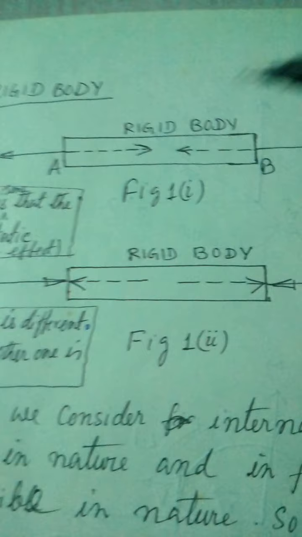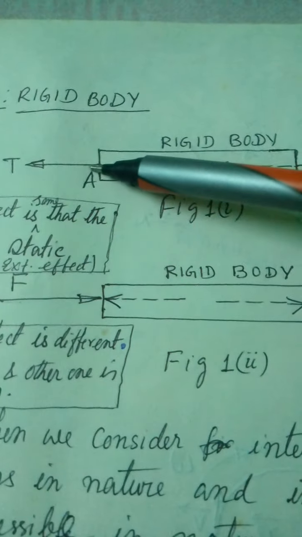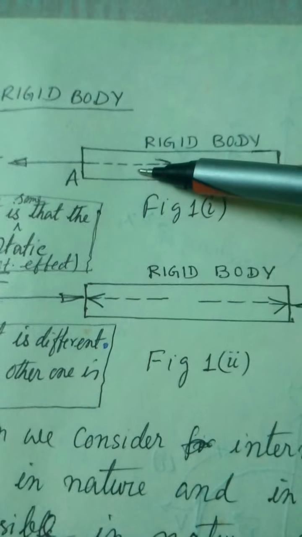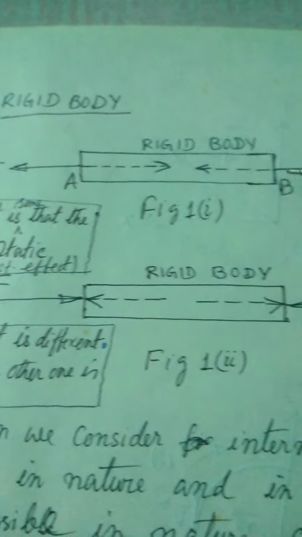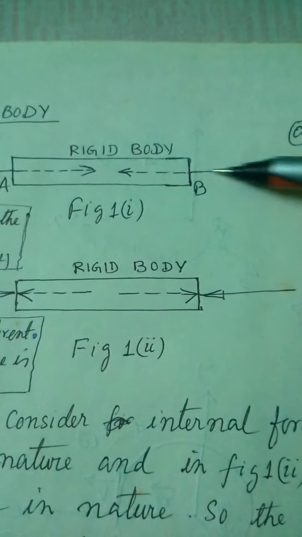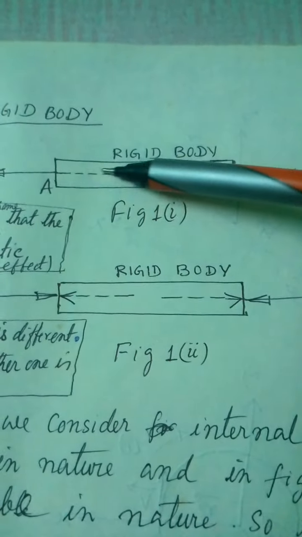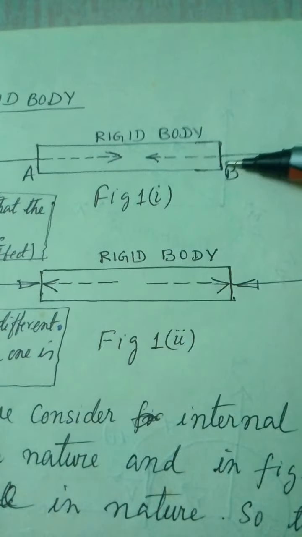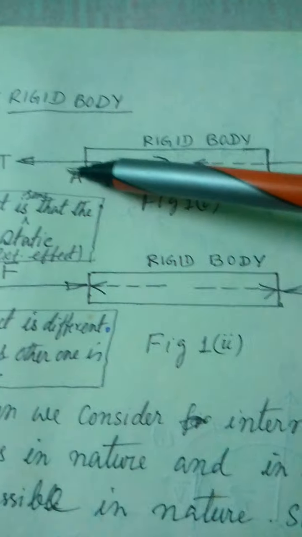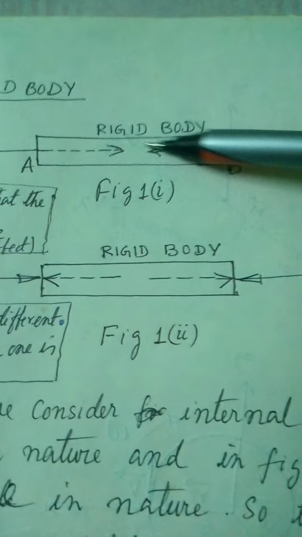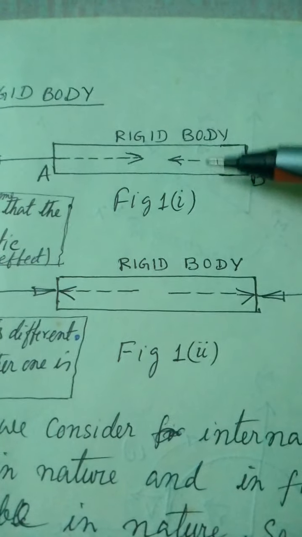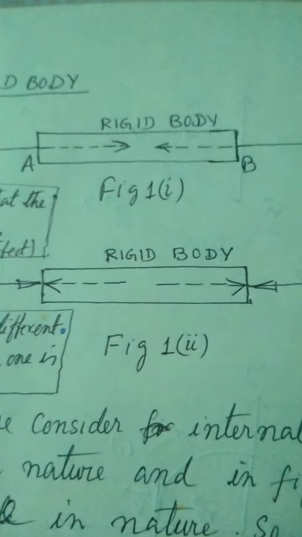But if you take the internal effect, this is in this direction. If you transmit this force here, it will be in this direction, and here it will be in this direction. So the internal effect is tensile.